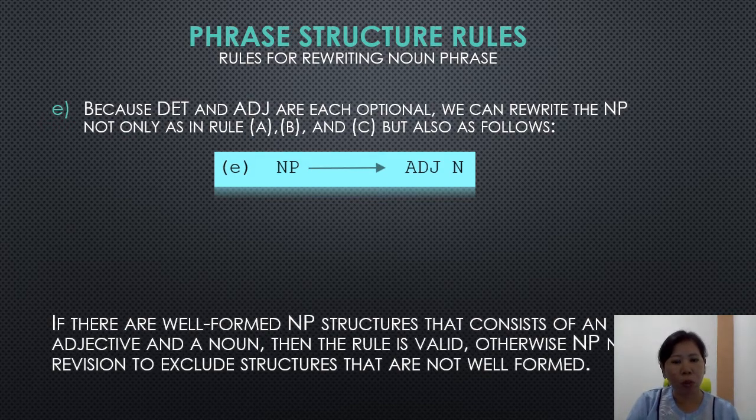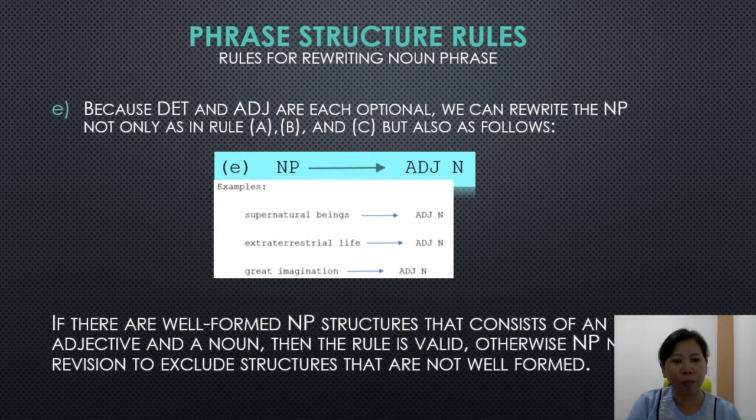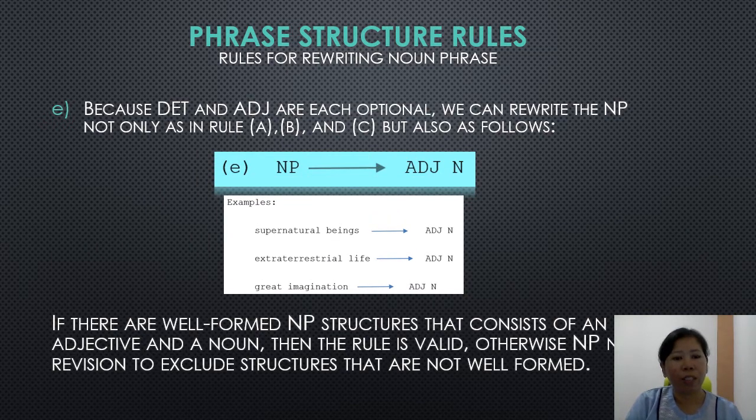For example, supernatural beings or extraterrestrial life or great imagination. Now, if there are well-formed noun phrase structures that contain an adjective and a noun, then the rule is valid. Otherwise, a noun phrase needs revision to exclude structures that are not well-formed.